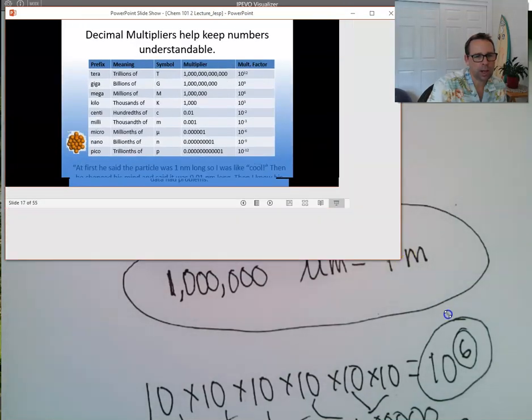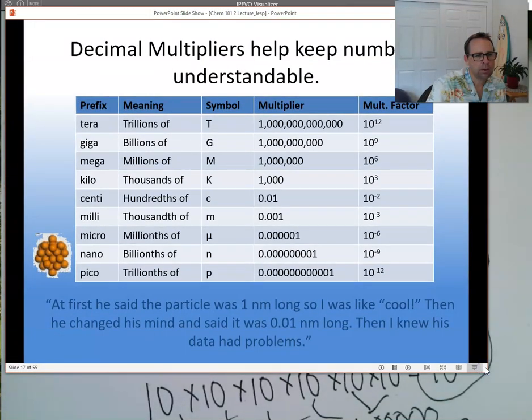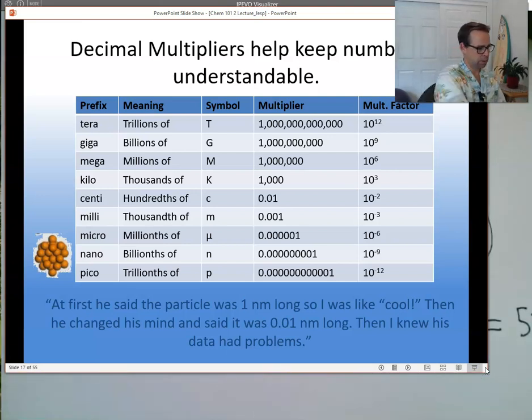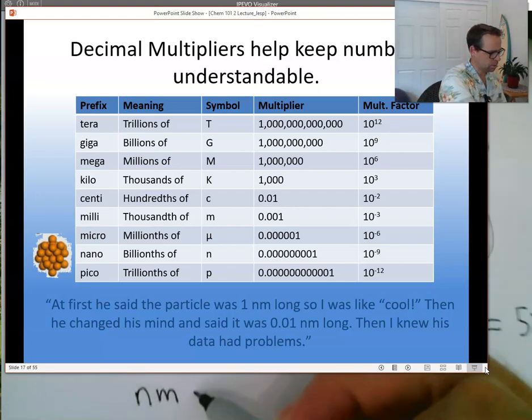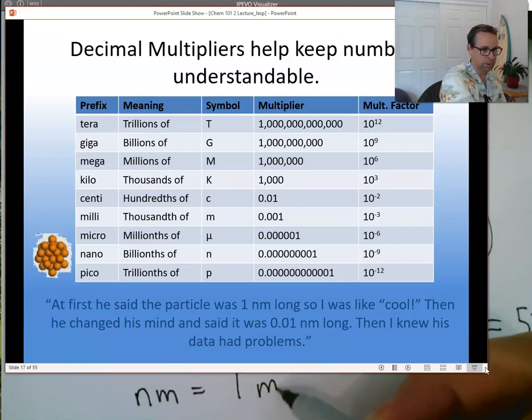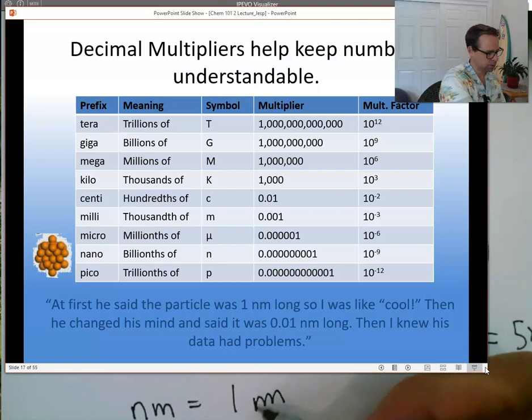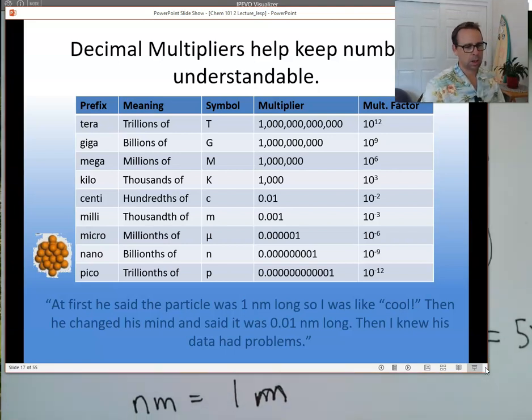Very good. Looking at our chart here, I'm going to write it down below here. How many nanometers are in 1 meter? Whoops, that's supposed to be an M. How many nanometers?